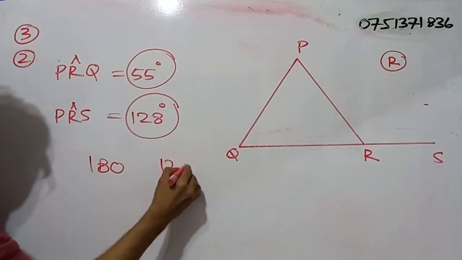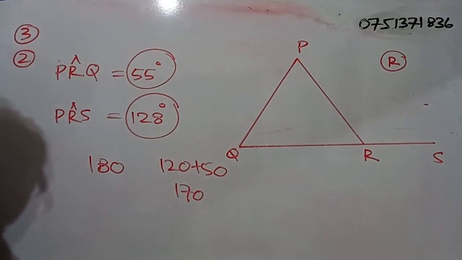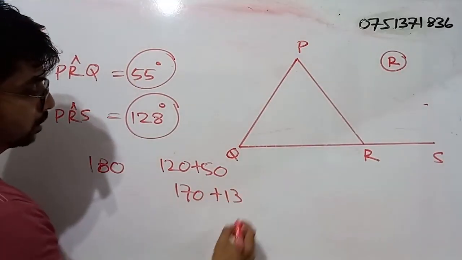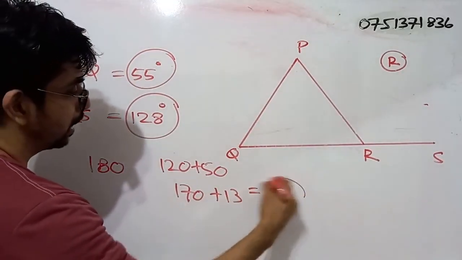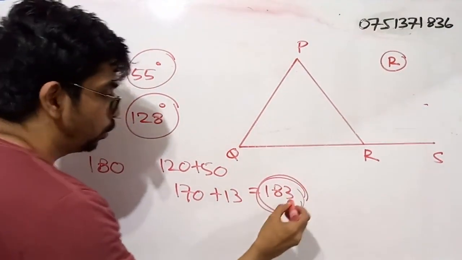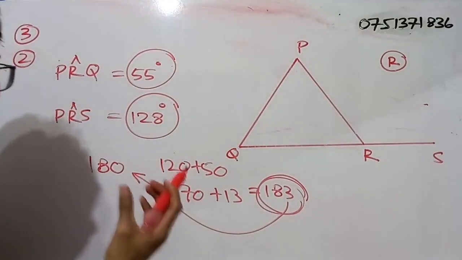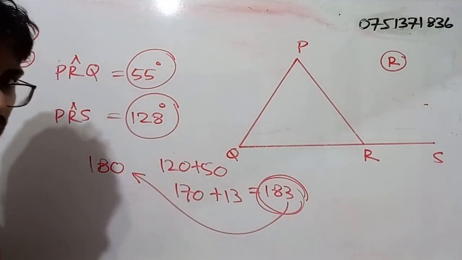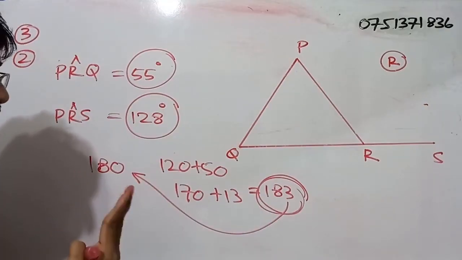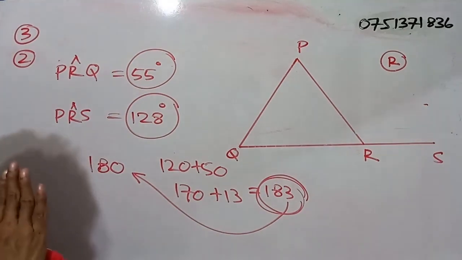So here, 120 plus 50, that is 170. To that we have to add a 13. So this becomes 183. This is actually close to the answer. So the answer should be 180, but when we draw and take the measurements, especially on the whiteboard, the answers will be a little bit off.